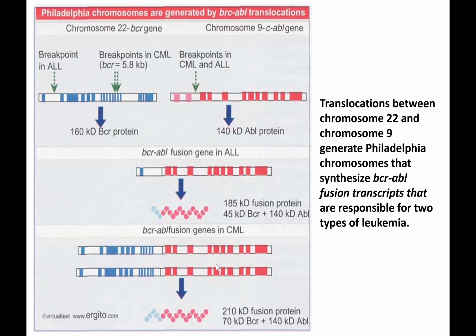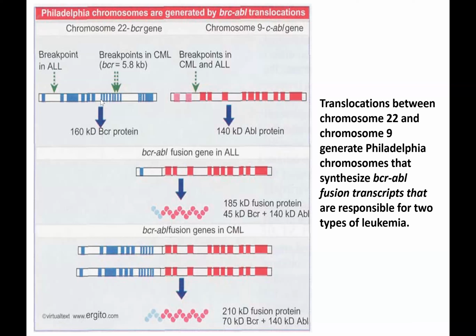Similarly, in the other possible translocation, you get a 210 kD fusion protein, out of which 70 kDa comes from the BCR region because it is taking a lot more region from here, and the remaining 140 kDa is common.